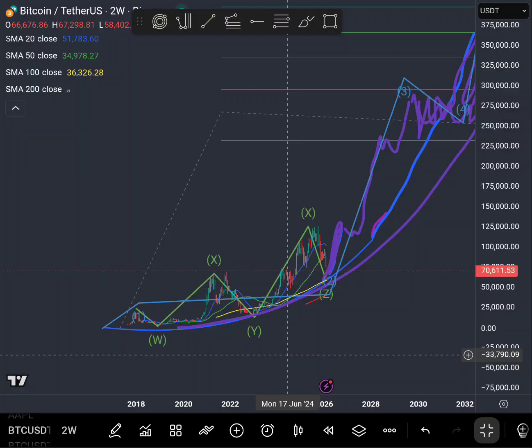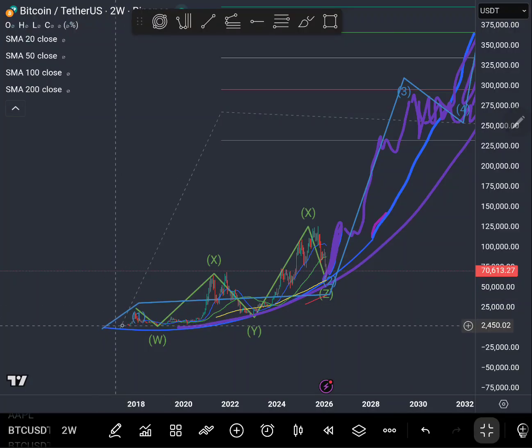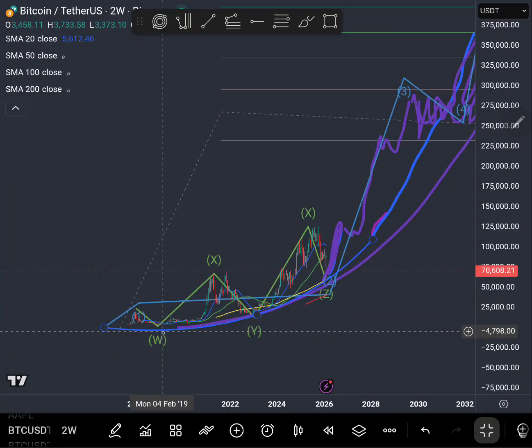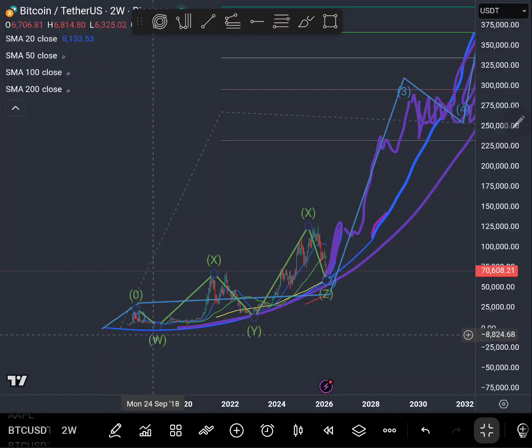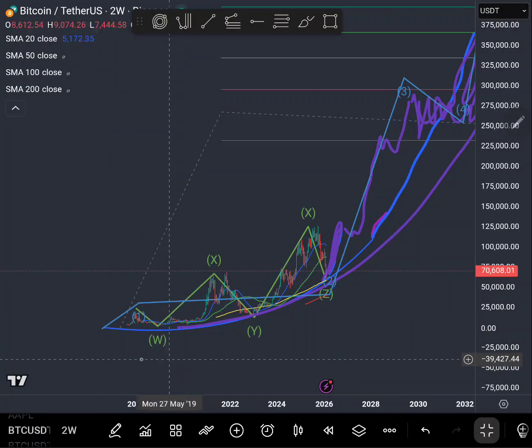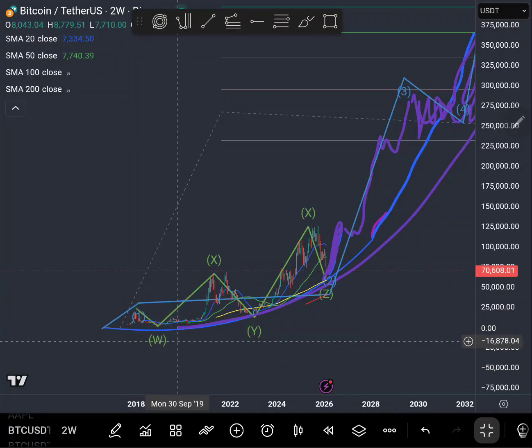It's all about pattern recognition. When you're looking at a chart, you want to know what sort of patterns are forming and why the market is behaving the way it's behaving.